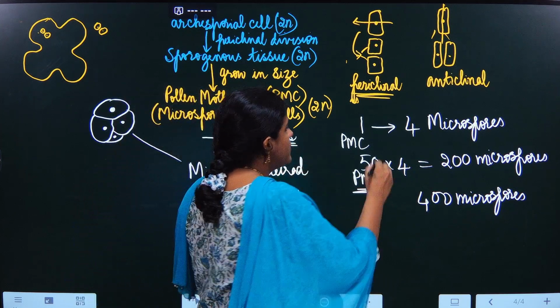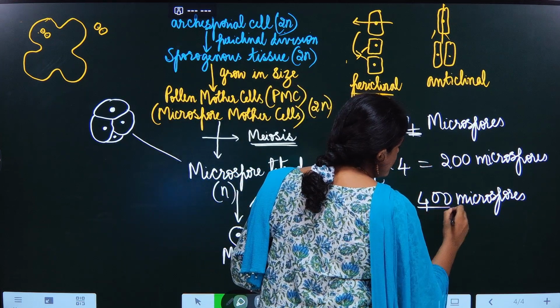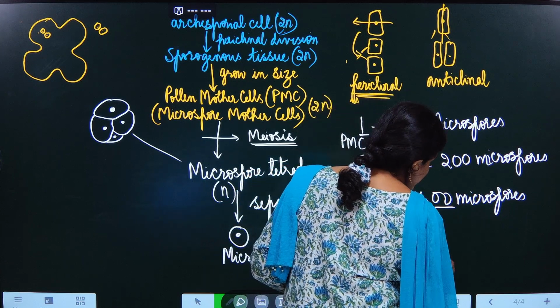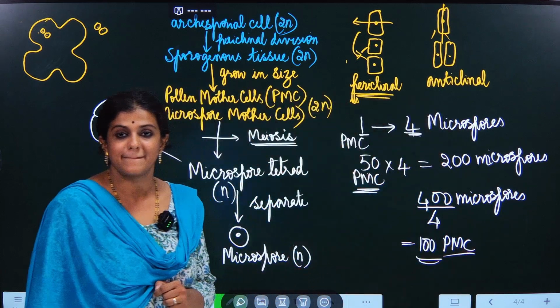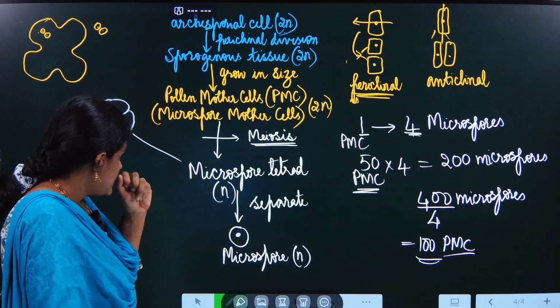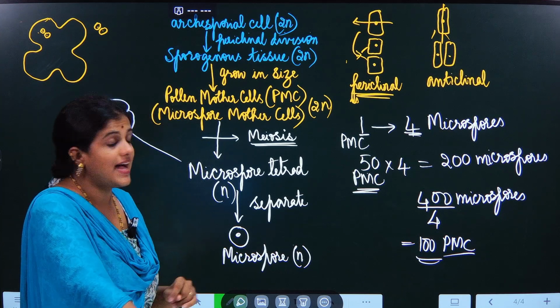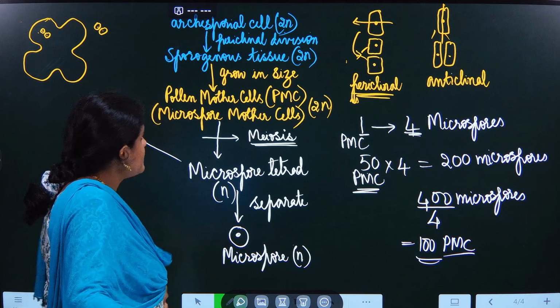One pollen mother cell produces 4, so if there are 400 microspores, I will have to divide by 4 and I will get the answer as 100 PMCs. So this is how microsporogenesis happens. I hope this is clear to you all.